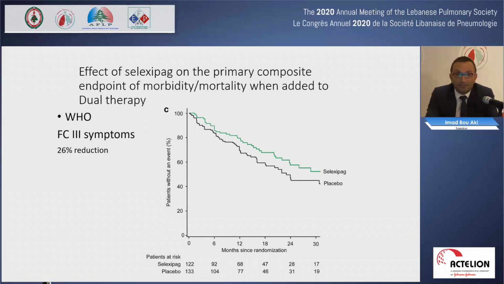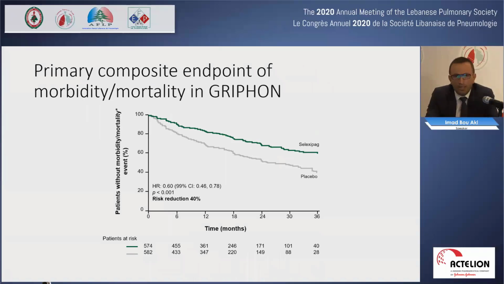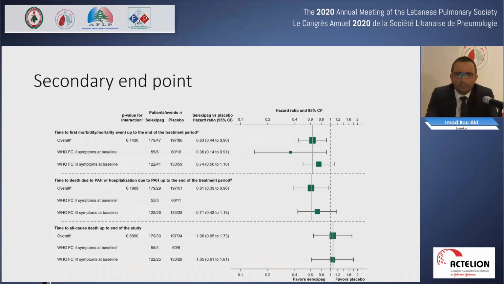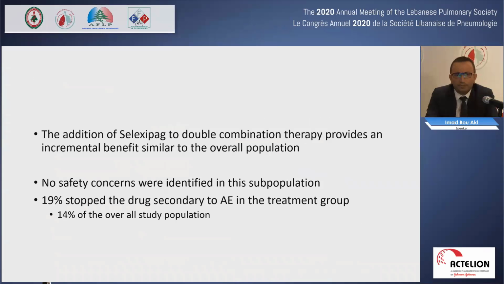In functional status 3, there was only a 26% reduction, so better start early. Now, the primary composite endpoint for mortality morbidity for all groups was positive, and there was a risk reduction of 40% of morbidity mortality. If you want to look at the details, we can see that it is almost the same as the morbidity mortality.